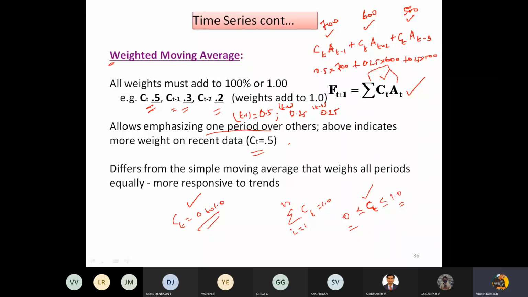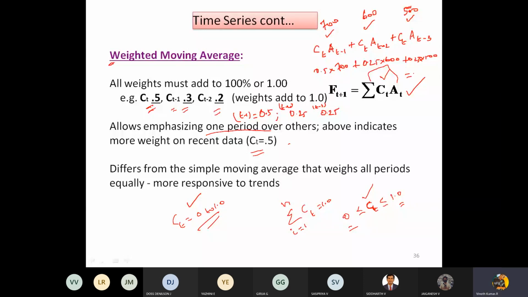So if you solve this one, you get a value, right? So what is the value you are getting? Just calculate it and tell me the value. Yes.